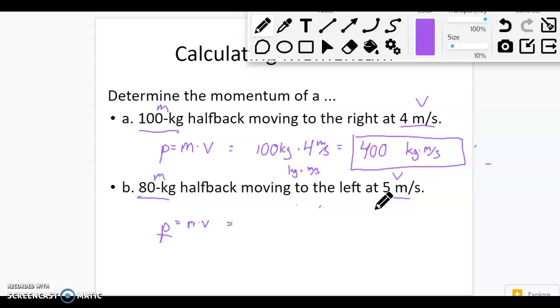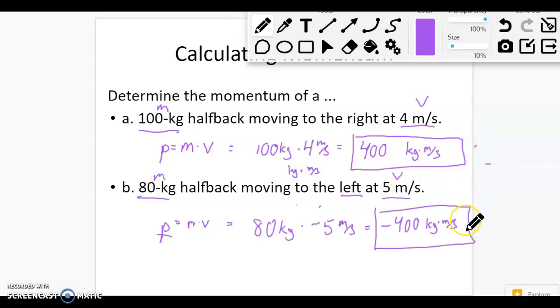But you do need to be careful about that, because even though it says 5 meters per second, it's not actually just 5 meters per second because this one's going to the left. And so we would say the velocity is -5. We multiply those together and we get -400 kilogram meters per second.